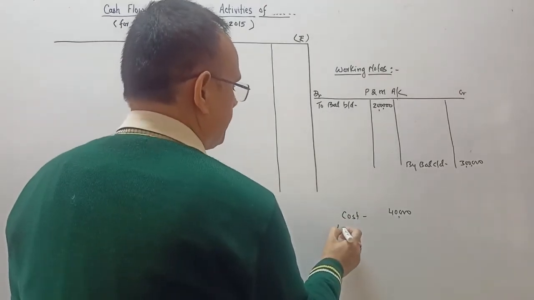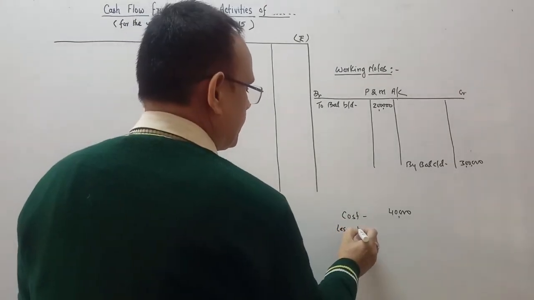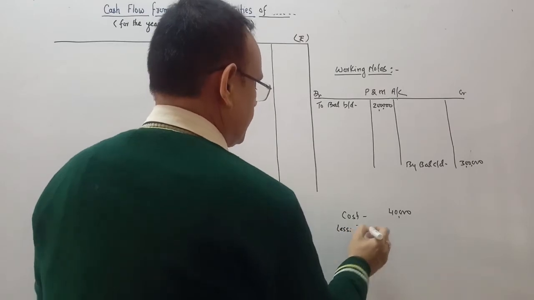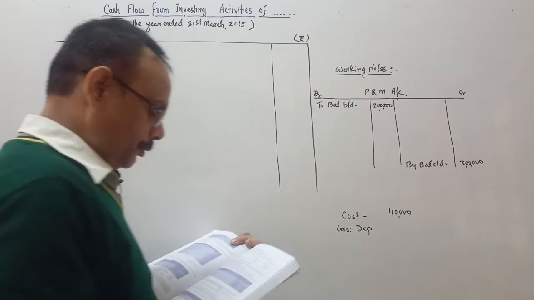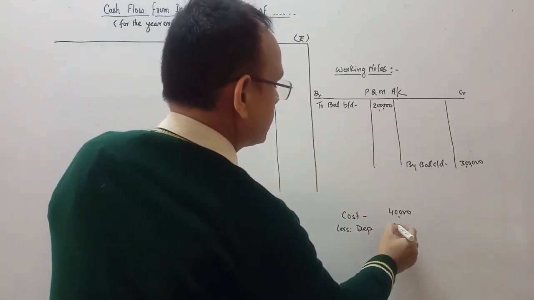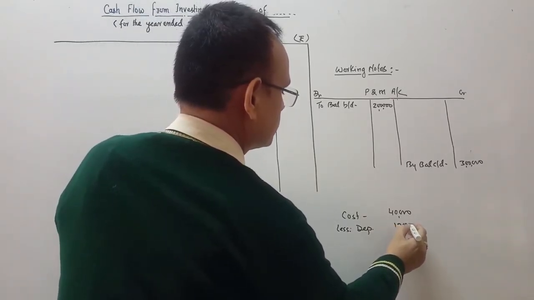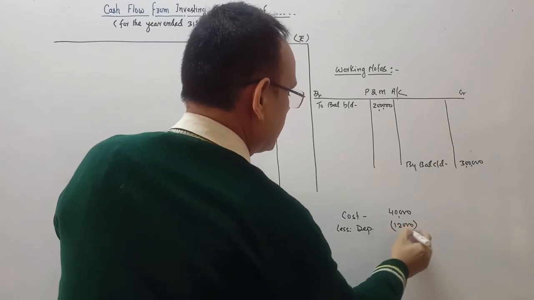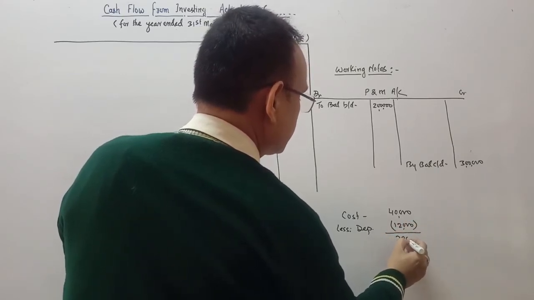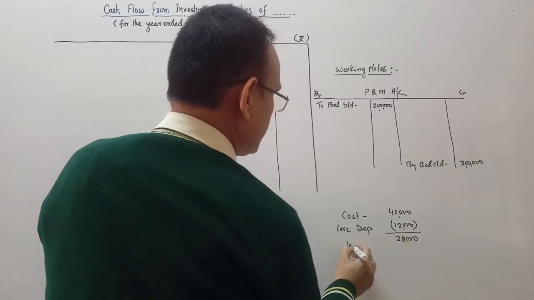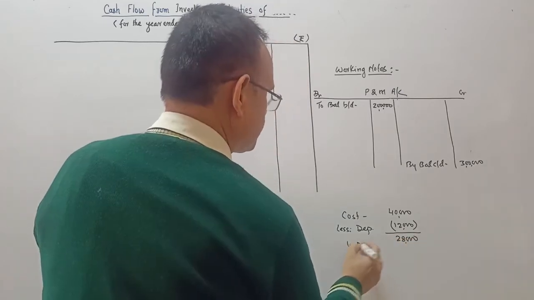You deduct the depreciation thereon, which is given in the question. Depreciation provided thereon is 12,000. Now the written down value is 28,000 after depreciation.